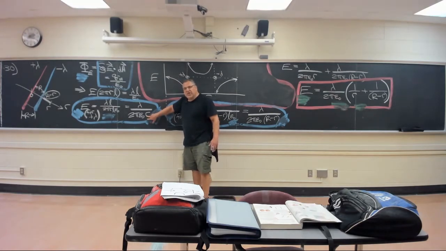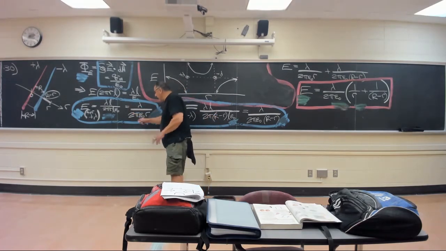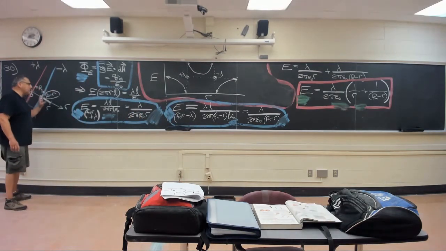The E field goes towards 0 if r is really, really big. For the red one, if r is a really big positive number and keeps getting bigger, the E field goes towards 0. If r goes towards 0, it goes toward a small number divided into here, and they're all positive. A small number divided into here will give you a big positive number. If you're on the right side of this, it's going to be a big positive number.